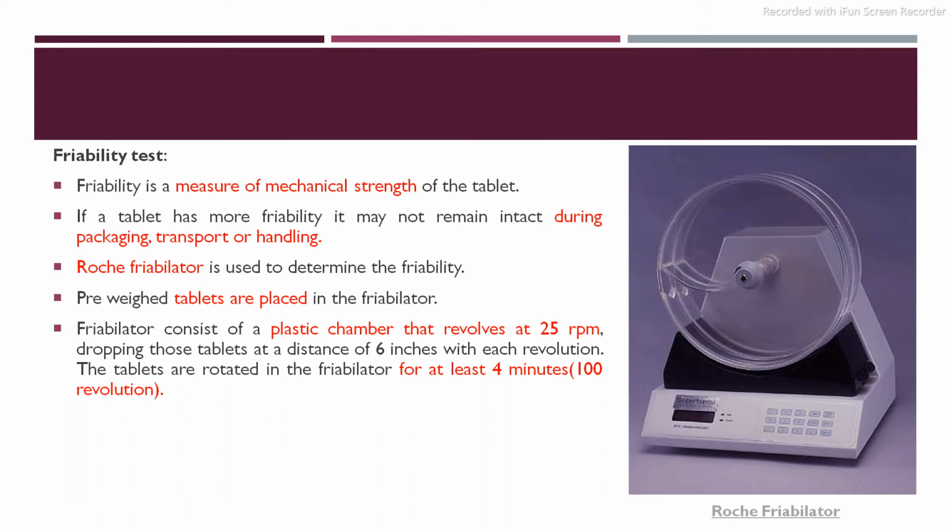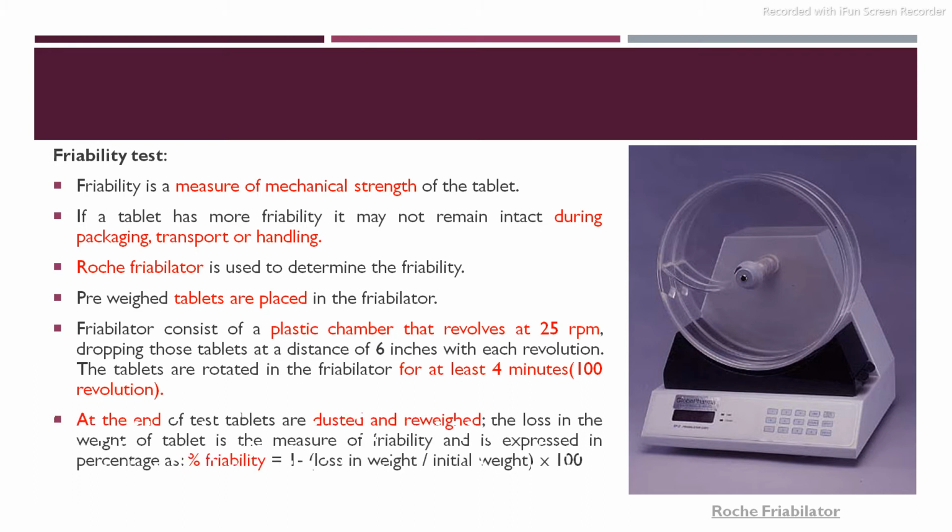After 100 revolutions, we have to measure how much particles have formed. At the end the tablets are dusted and reweighed. The loss in the weight of the tablets is the measure of the friability, and it is expressed as a percentage: percent friability equals loss in weight divided by initial weight, multiplied by 100. By using this formula we can calculate the percent friability.